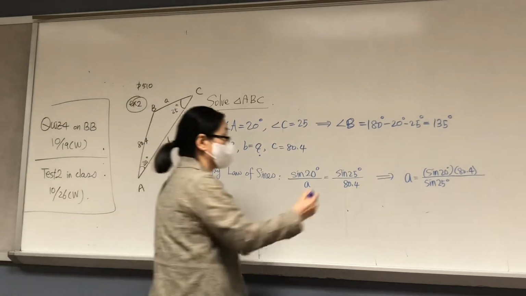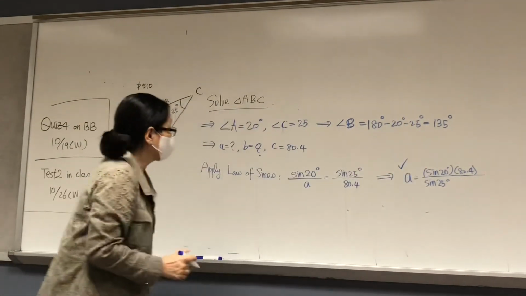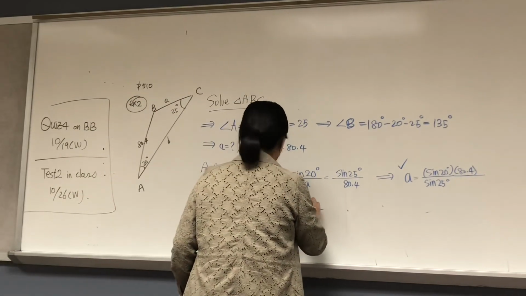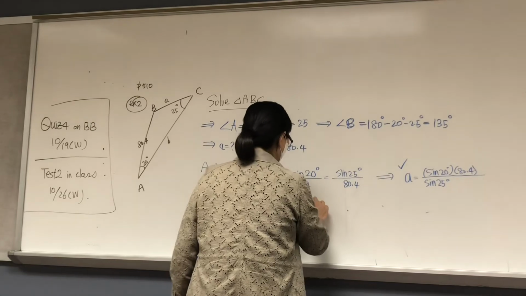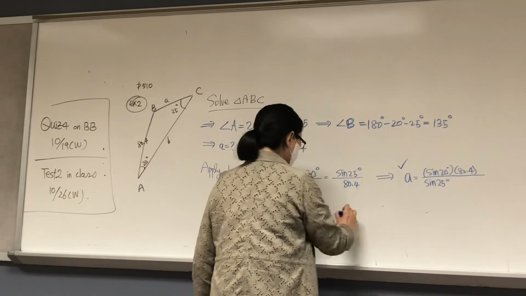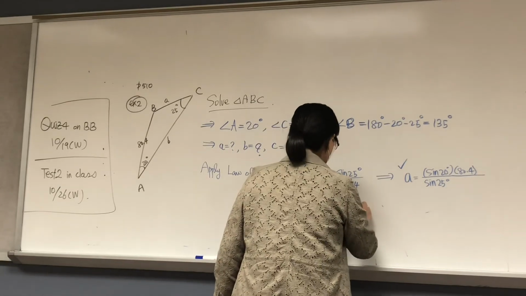A is done. How do you find B? Similarly, sine B over B is equal to sine C over C, same thing.